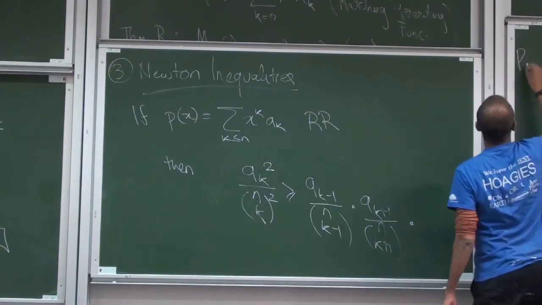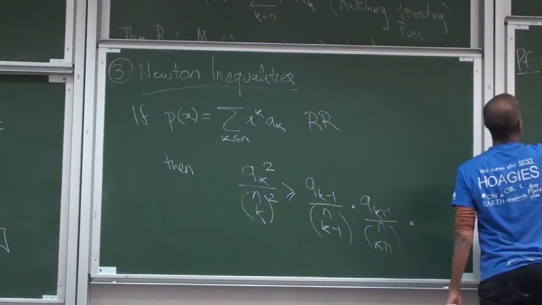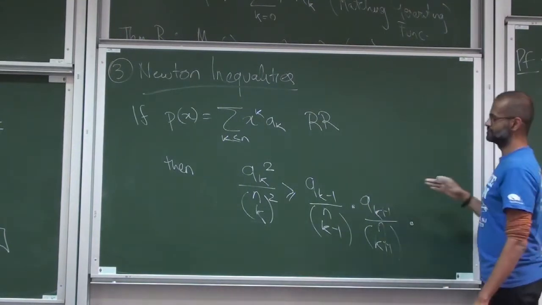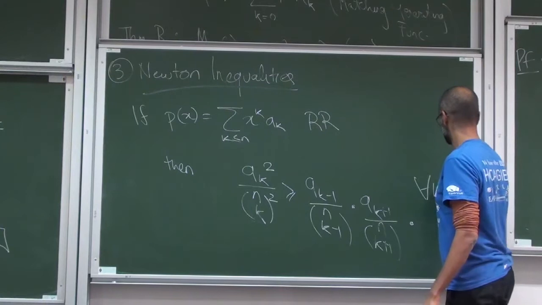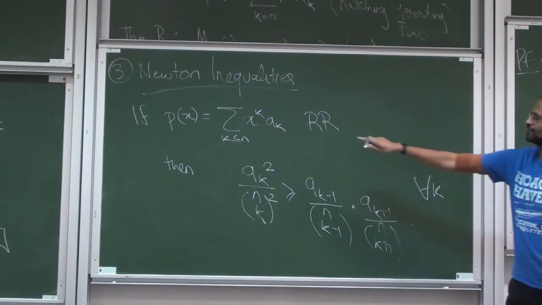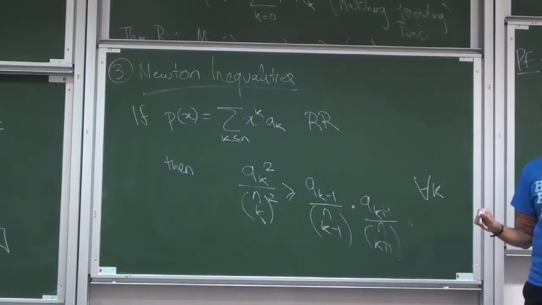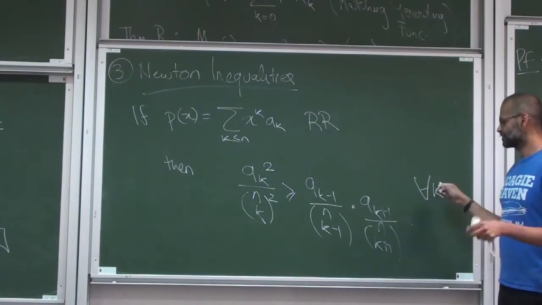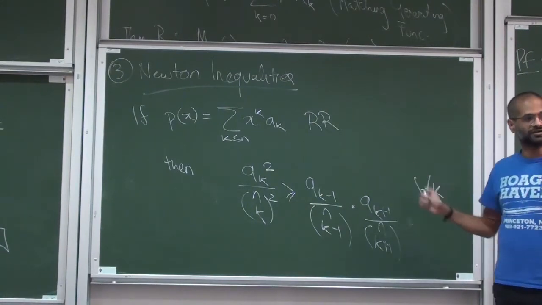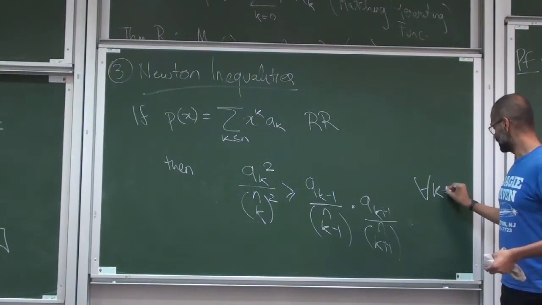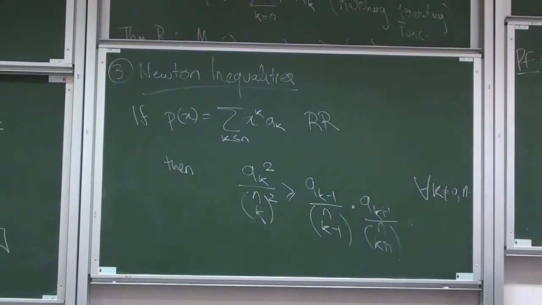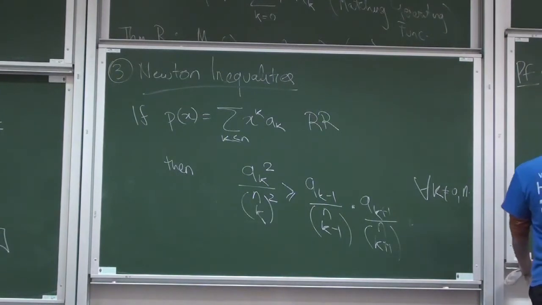So what's the proof? This is true for every k, by the way. For every coefficient, it doesn't make sense for the ones at the ends, and every coefficient not equal to 0. So fix some k.